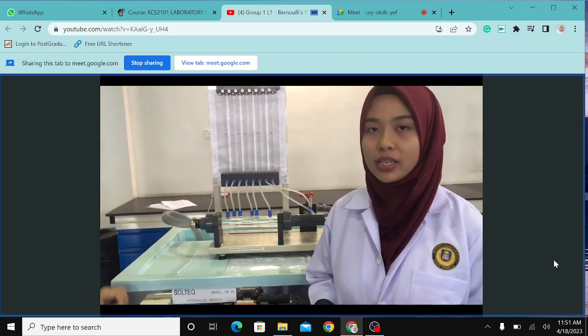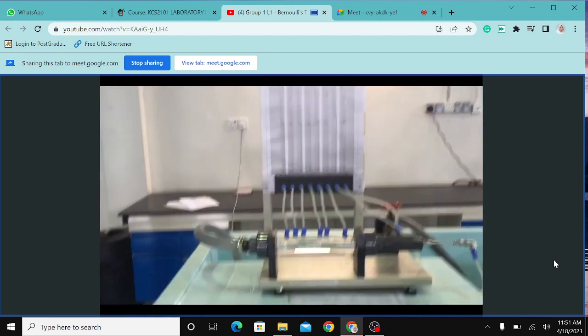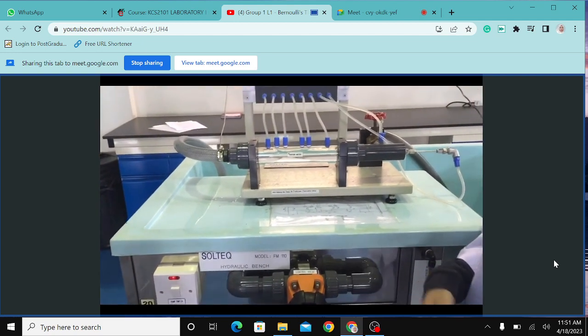Then we will have to wait for the level to stabilize. You can wait at least for 10 to 15 minutes.